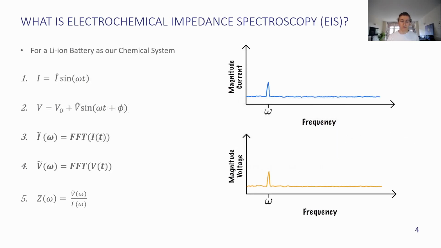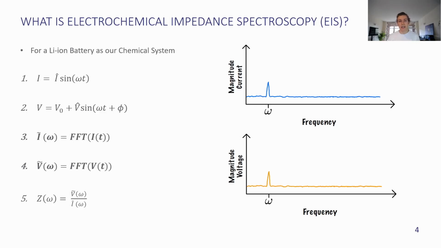We then take the Fourier transform of these signals and arrive in the frequency domain with these 2 graphs. So both are similar, both have some noise floor, which is typically set by our experimental equipment, i.e. the equipment we use to record these signals, and you then see a peak at the fundamental frequency for both the current and the voltage.